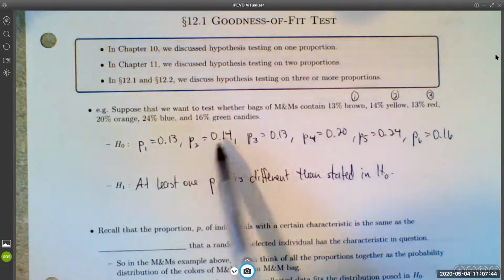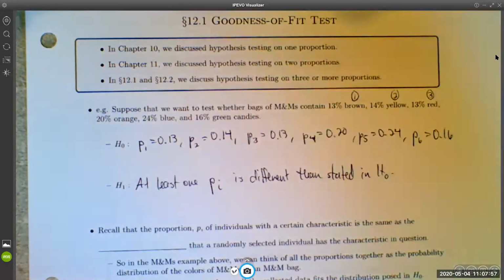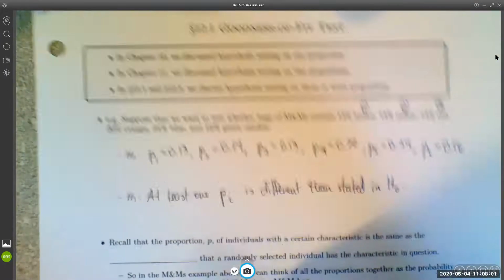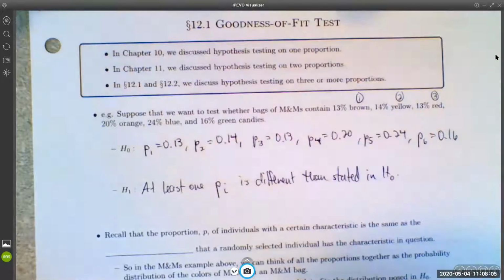Or maybe P2 is wrong, but the rest of them are right. But maybe both P1 and P2 are wrong and the rest of them are right. Or maybe it's P1, P2, and P5 that are wrong and the other 3 are correct. Or maybe they're all right. So there's so many possibilities. You would just be here all day writing them all out. So it's easier to just write it in words and say at least one of the probabilities. And I'm going to use P sub I, right? At least one P sub I is different than stated in the null hypothesis.